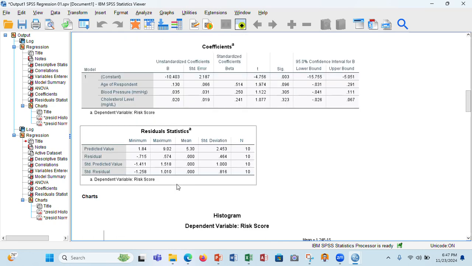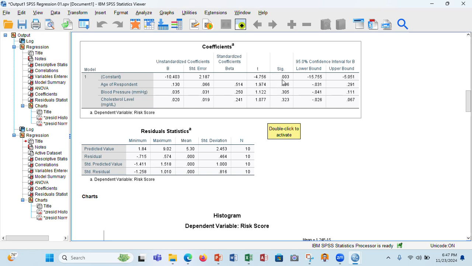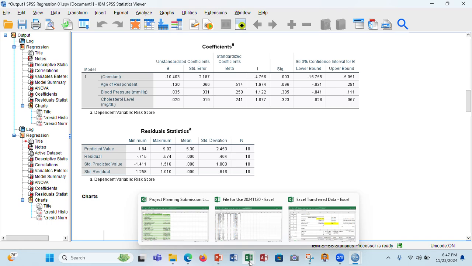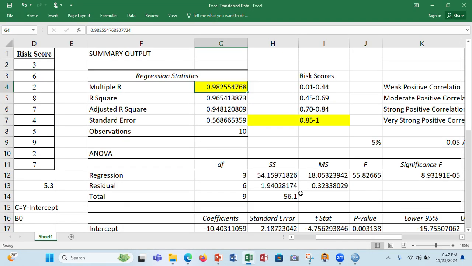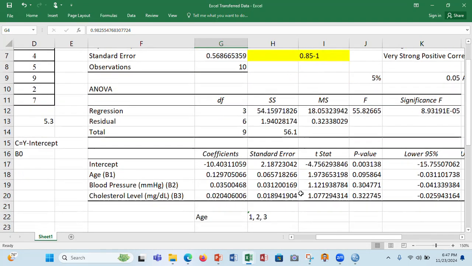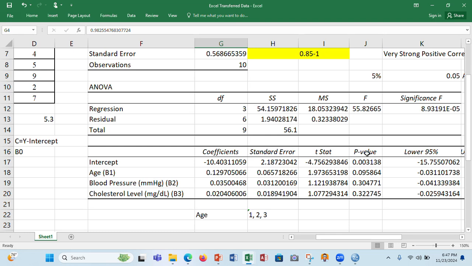Let us look at what we call the p-values. P-values are the significance levels. These are levels of significance, and we can read them under coefficients. You will also see that when we ran the same data in our spreadsheet, these were also called p-values.